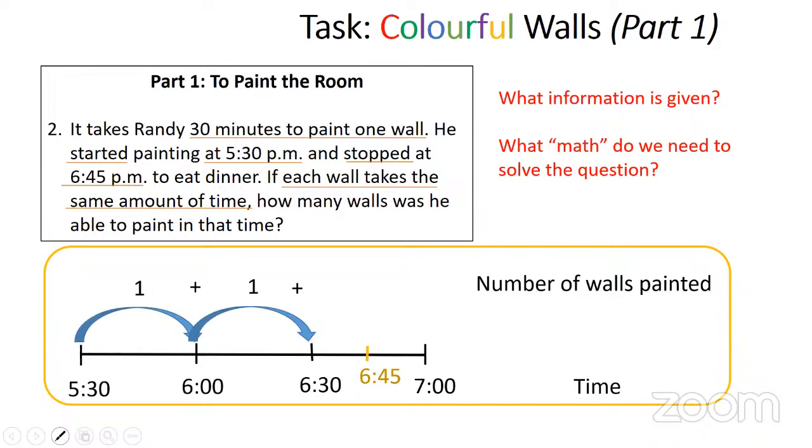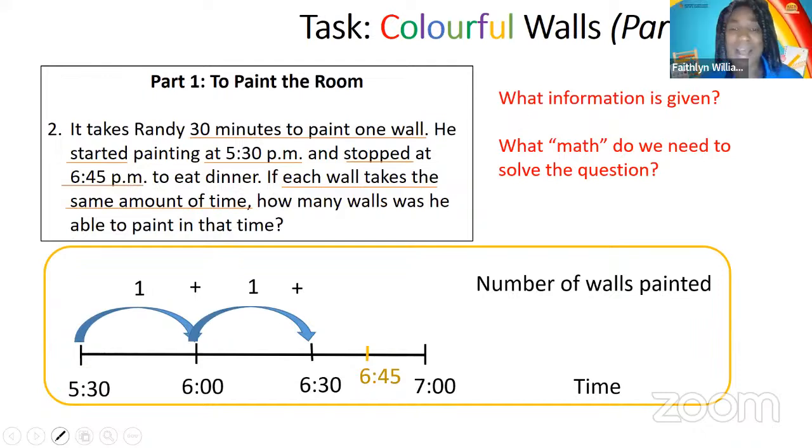Then 6 o'clock to 6:30 is another 30 minutes. So that means he painted 2 walls, and then they jumped to 6:45 when he had to eat his dinner. So it is 2 walls and a half.